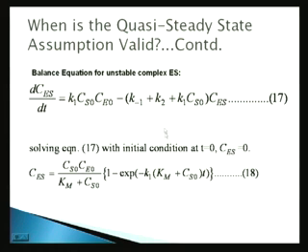So this is what you get once we solve it. What is the initial condition at t equals 0? There is no substrate, no complex that is there. Fine. So you can write down equation 18, which is the solution of the system. Okay. So it's an exponential solution, equation 18.